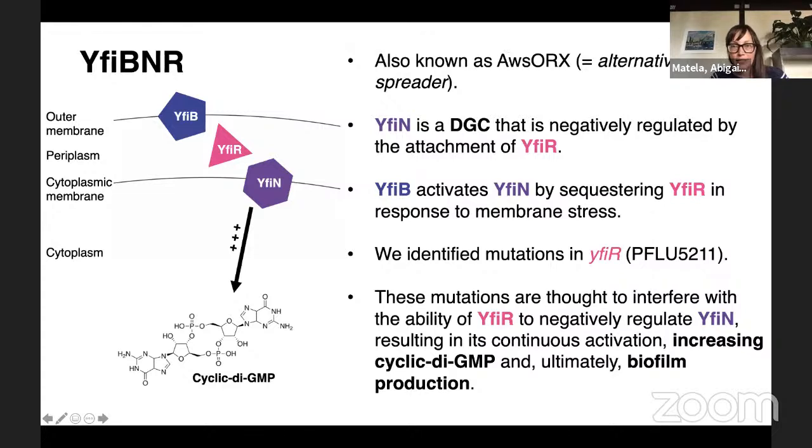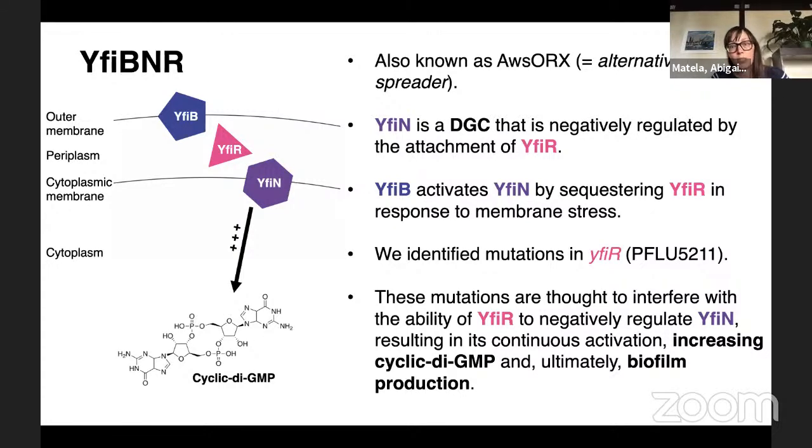In this case, YFI-N is the diguanylate cyclase that activates increased cyclic di-GMP production and increased biofilm formation, and it's negatively regulated by attachment of YFIR. YFIB, in response to membrane stress, will sequester YFIR, and that allows for increased cyclic di-GMP and increased biofilm production.